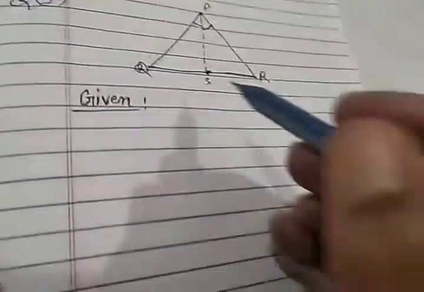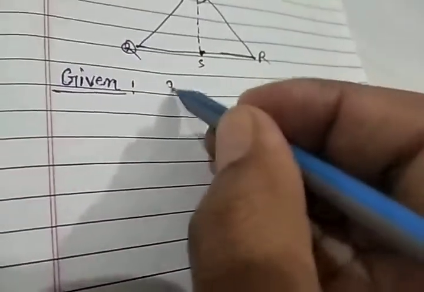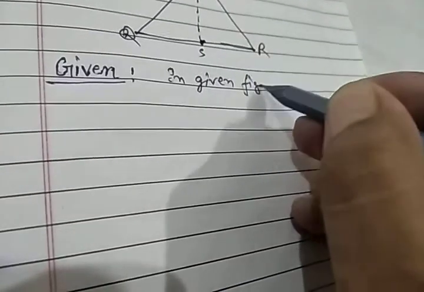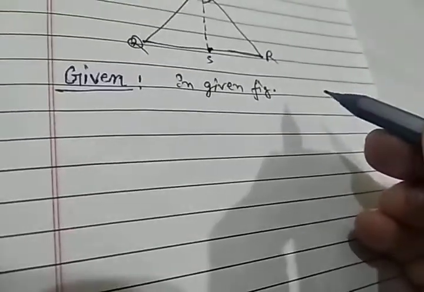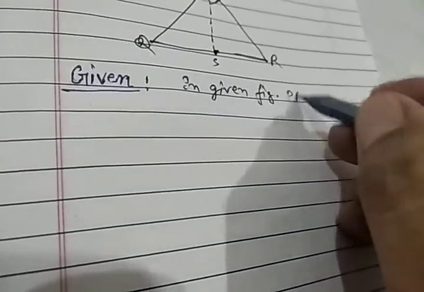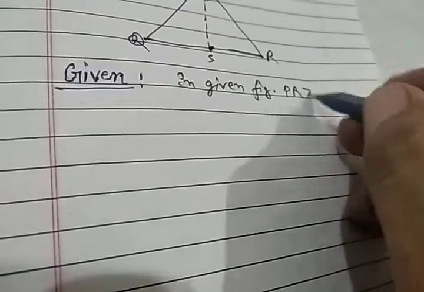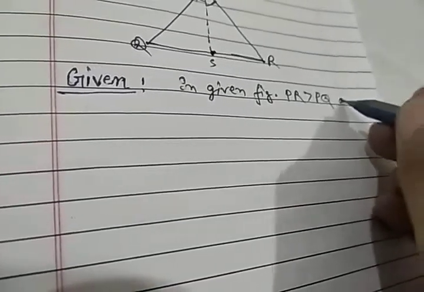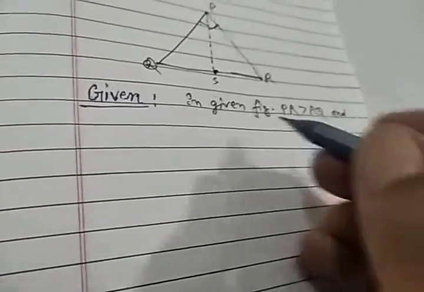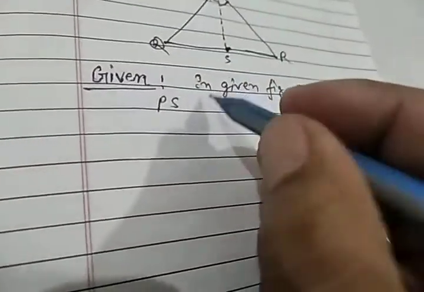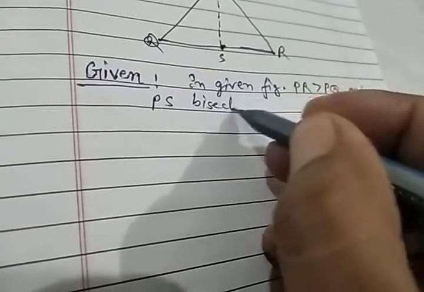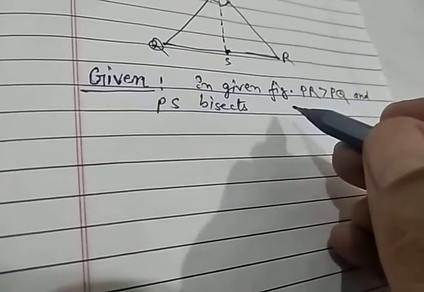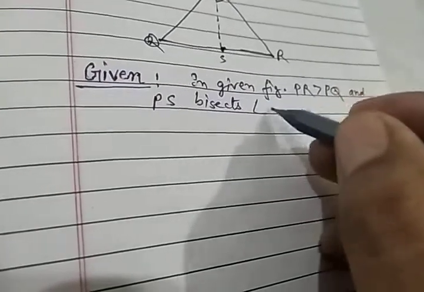So we have first point. In the given figure, PR is greater than PQ and PS bisects angle QPR.